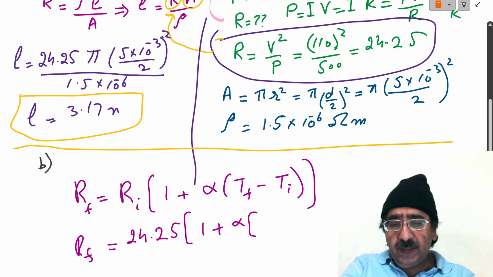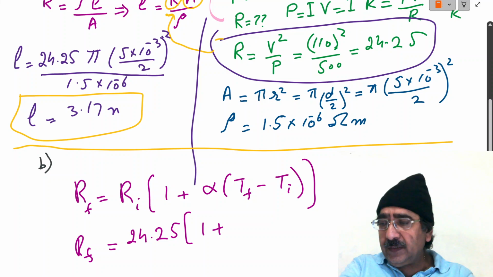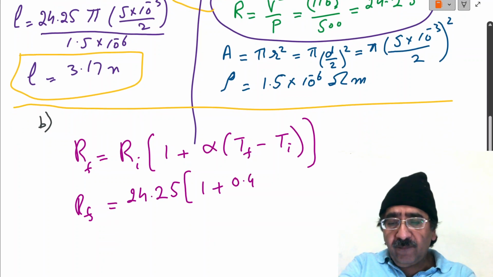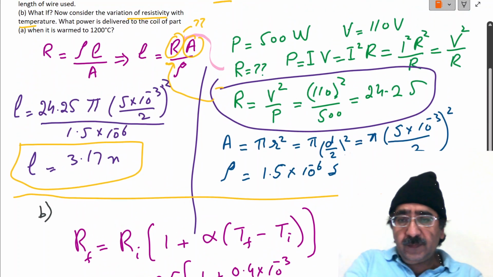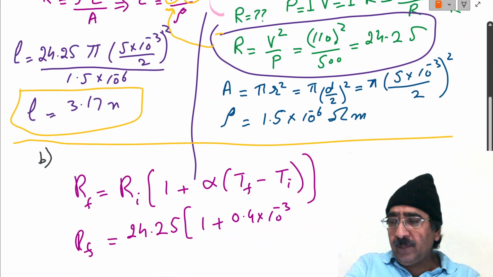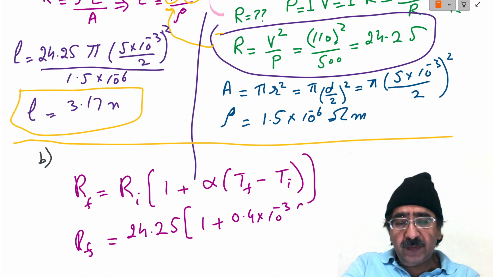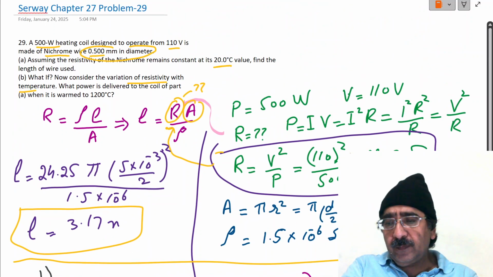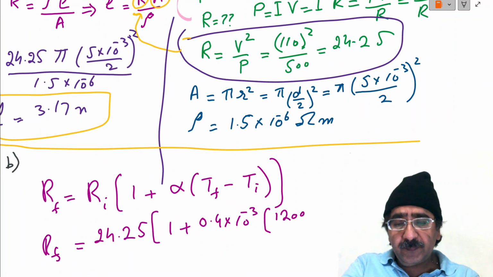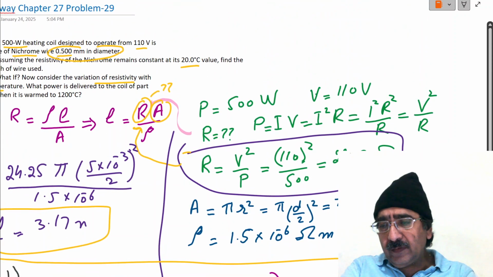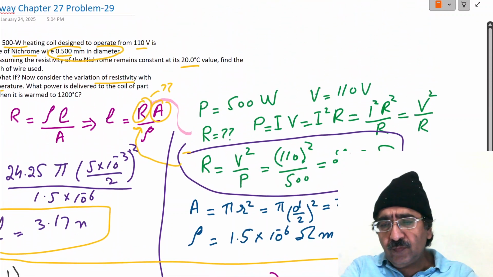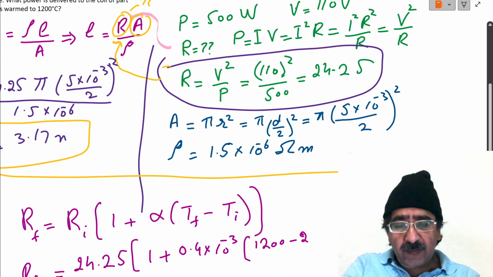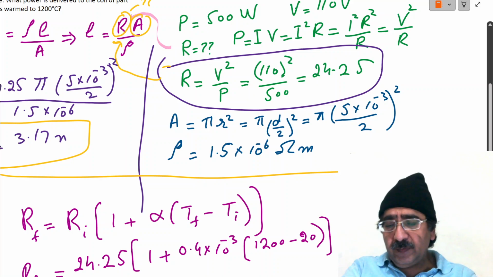Alpha, I have already explained, for this element is 0.4 times 10 to the power minus 3, the temperature coefficient. And the change in temperature will be from 1200 minus 20. Okay, so this will be equal to this.